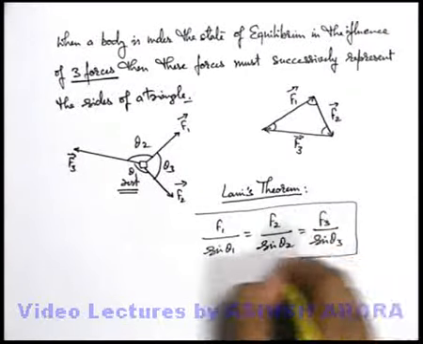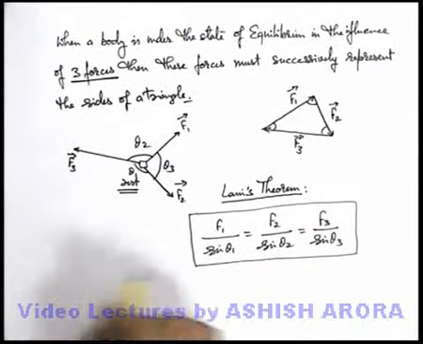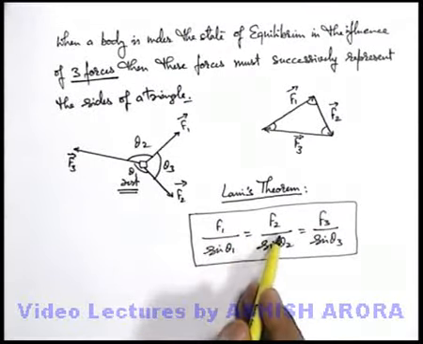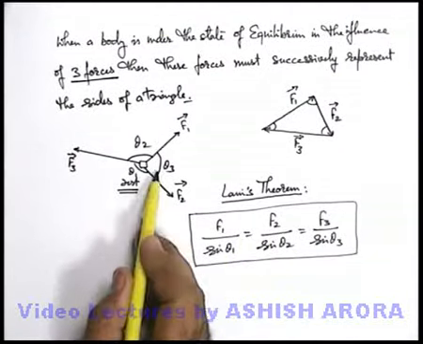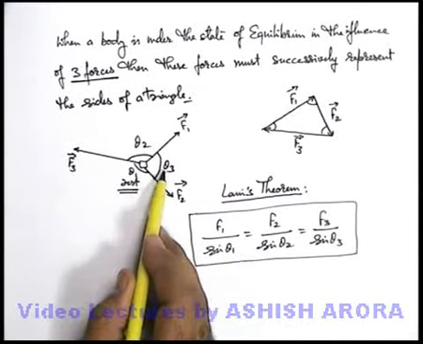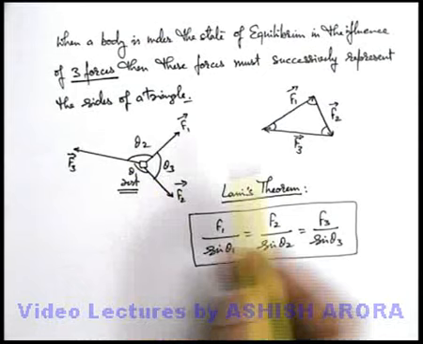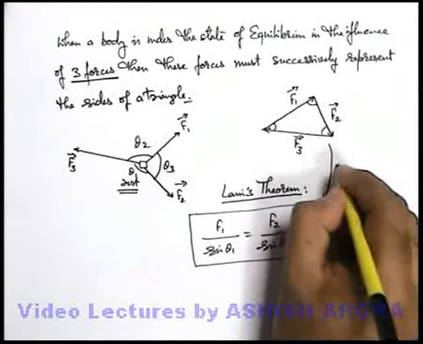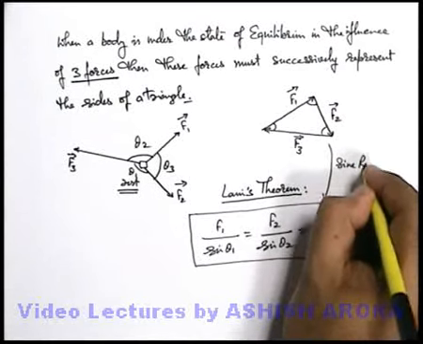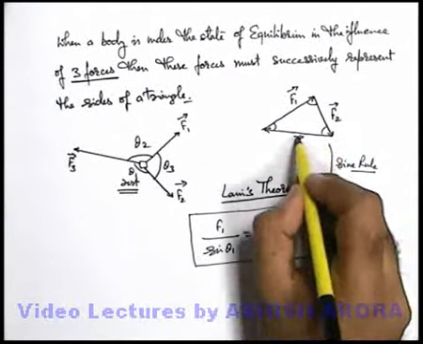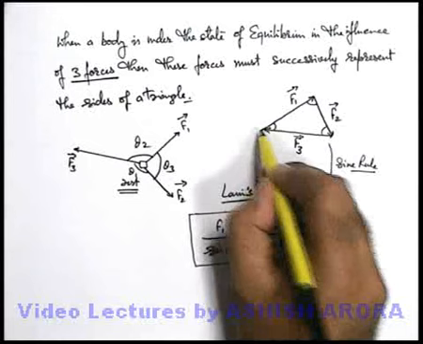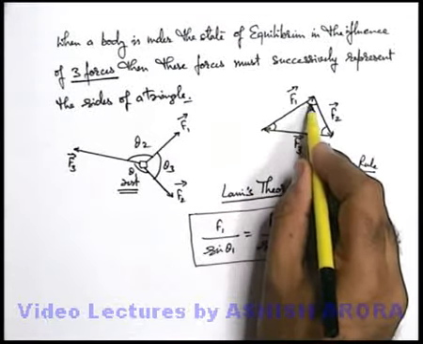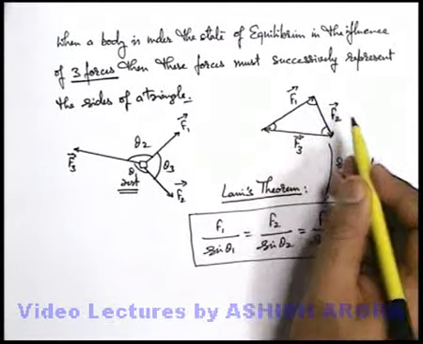This is the expression for Lami's theorem, and this Lami's theorem is used in analysis of various forces and the angle between the direction of force vectors. If you directly apply sine rule in this triangle, you will directly get this. As in sine rule, the ratio of the magnitude of one side to the sine of the angle in the triangle opposite to that side remains constant.